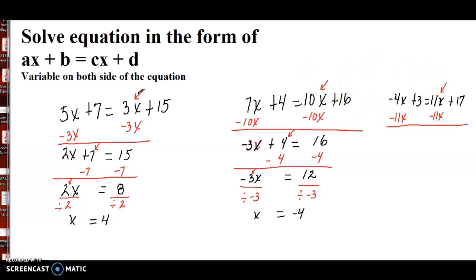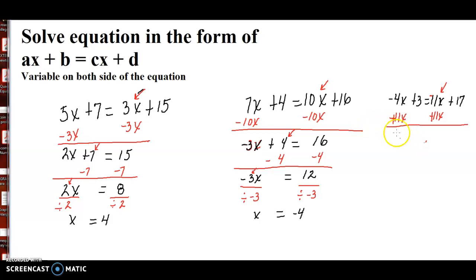Okay. Oh, I made a mistake. This should have been a negative here. The original problem should have been negative. So then that means we're going to add. Sorry about that. That should have been negative 4x plus 3 is equal to a negative 11x plus 17. Okay. So I'm going to add 11x to both sides of the equation.